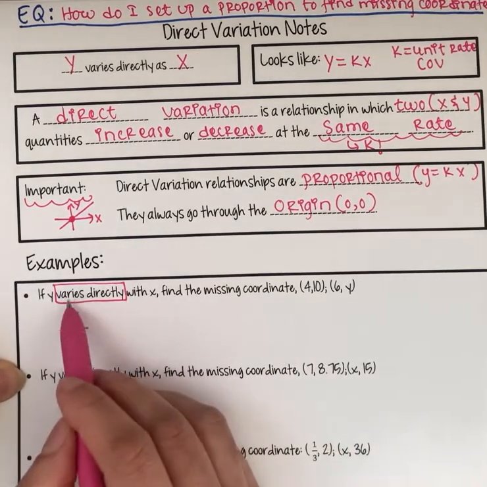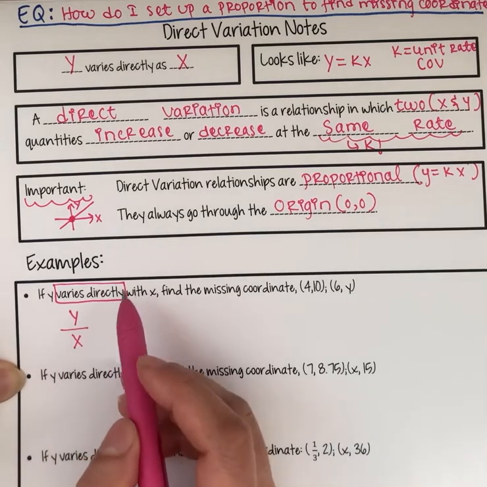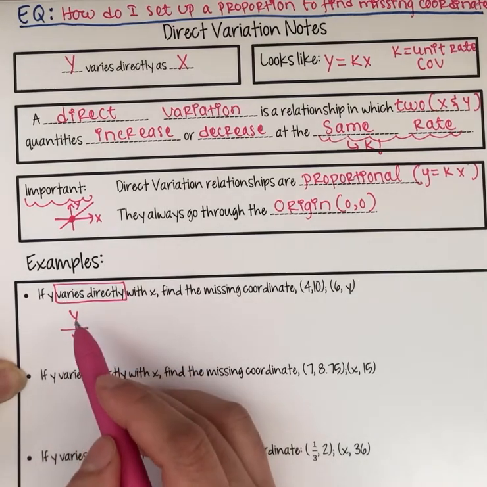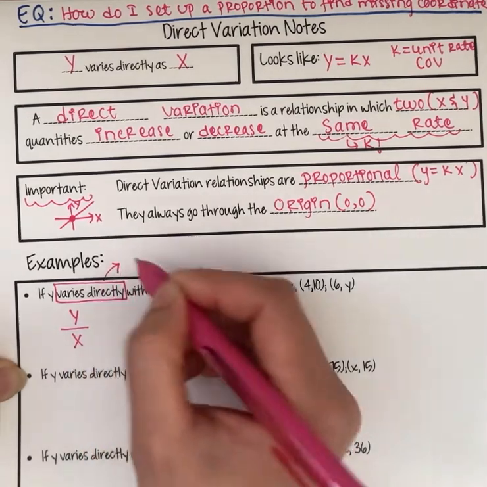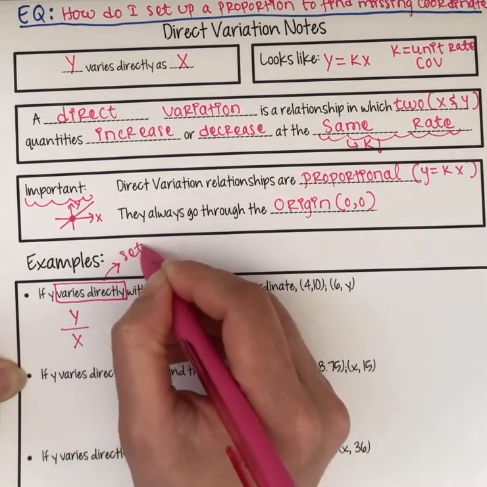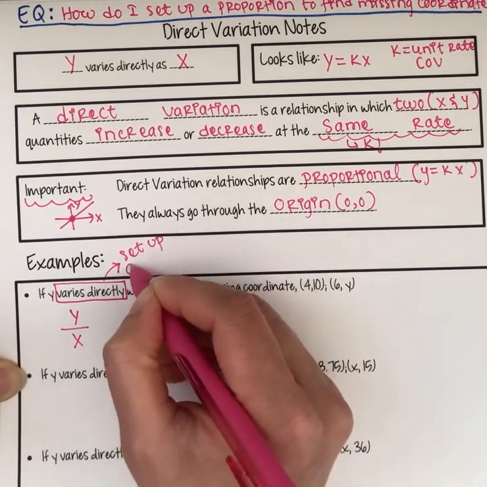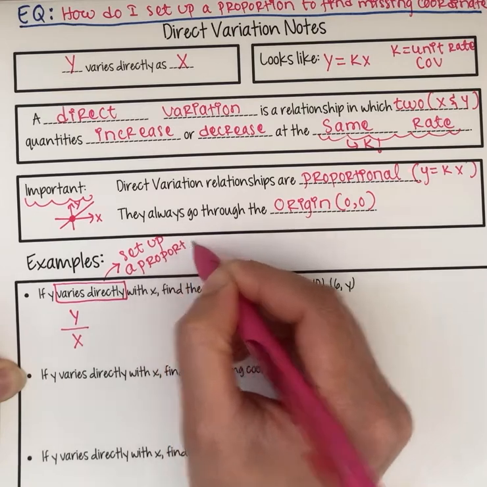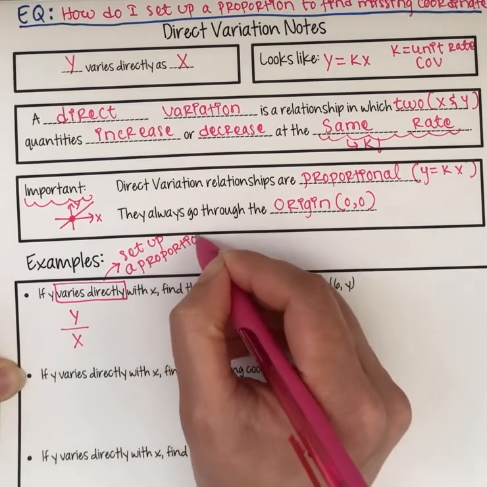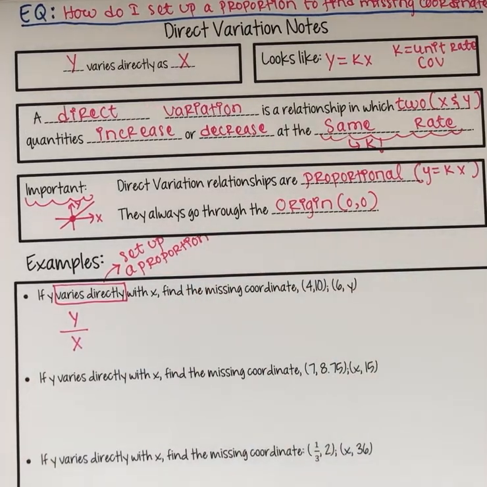So whenever you see varies directly or directly varies or direct variation, any of those combination of words, you need to automatically think, oh, I need to set up a proportion, which is y over x, okay?